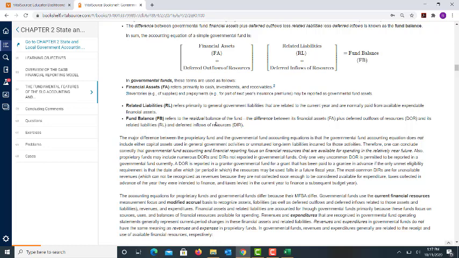And then the fund balance refers to the residual balance of the fund, the difference between its financial assets plus deferred outflows of resources and its related liabilities, deferred inflow of resources.